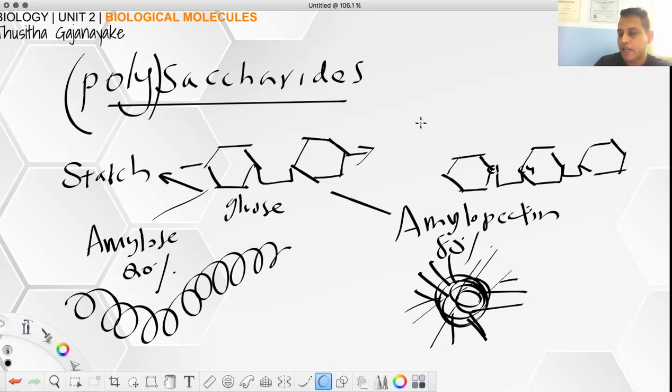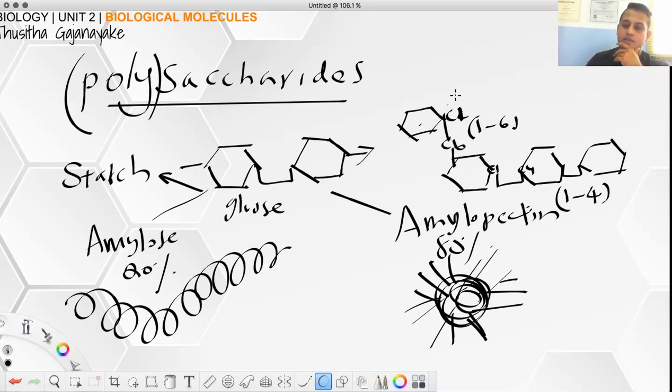And another one here at carbon number 1 can also make a bond with carbon number 6 of another molecule. So they have carbon 1-6 bonds and carbon 1-4 bonds. These are the branches.